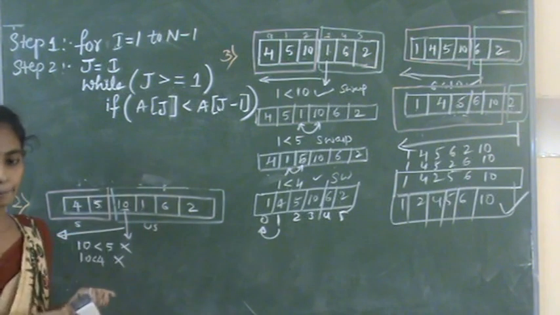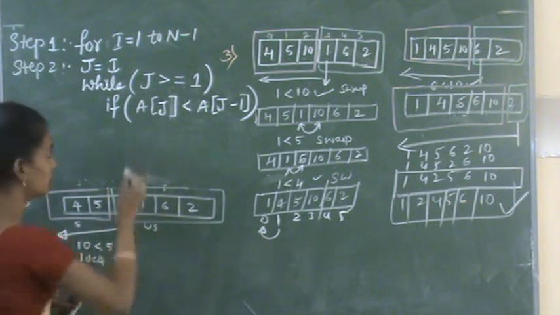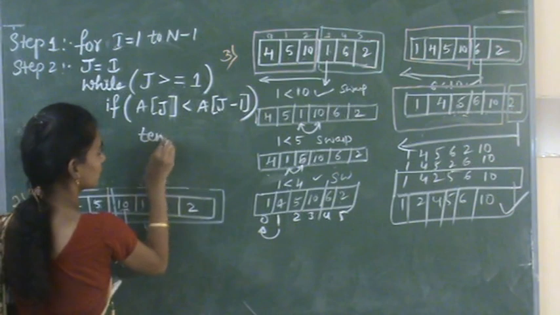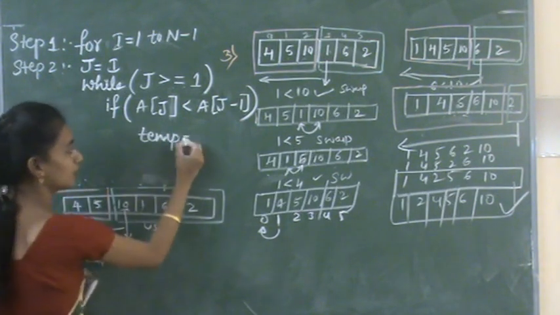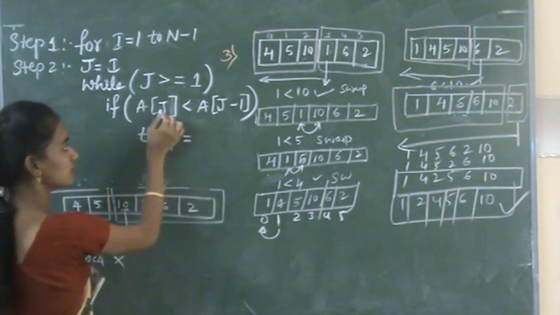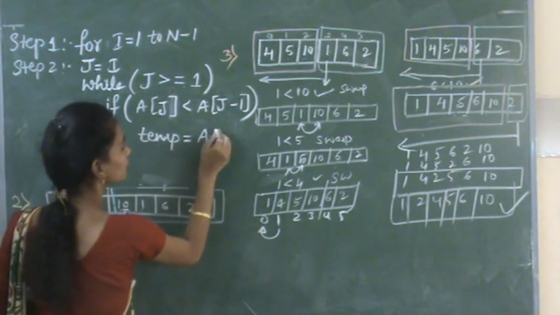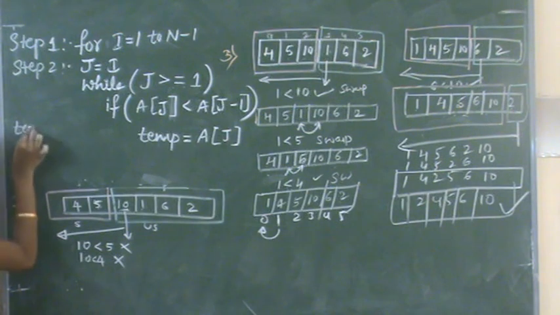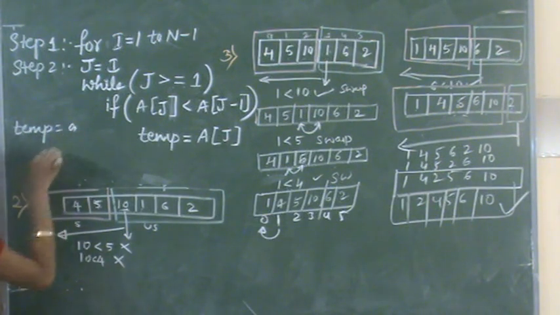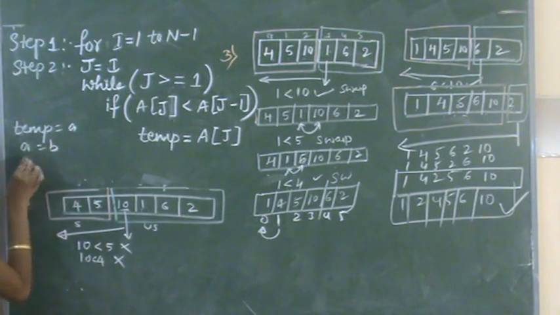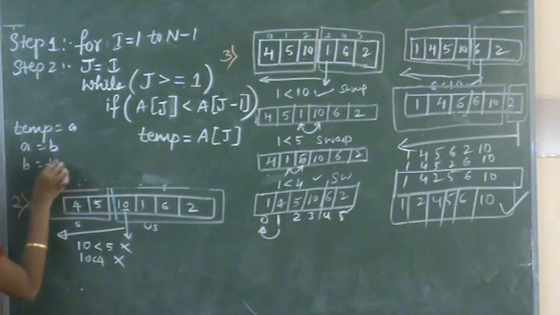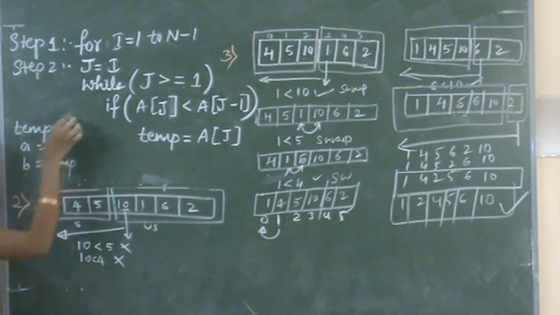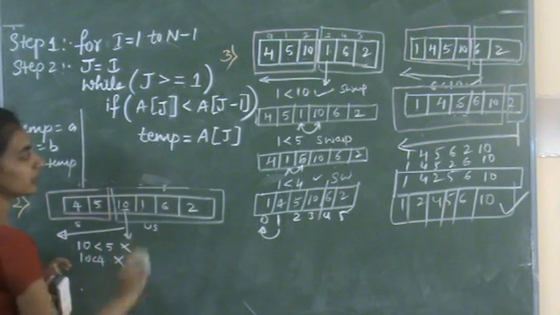For that swapping we are using a third variable, that is temp. I think you remember this: temp is equal to a, a is equal to b, b is equal to temp. The same concept we are applying here.